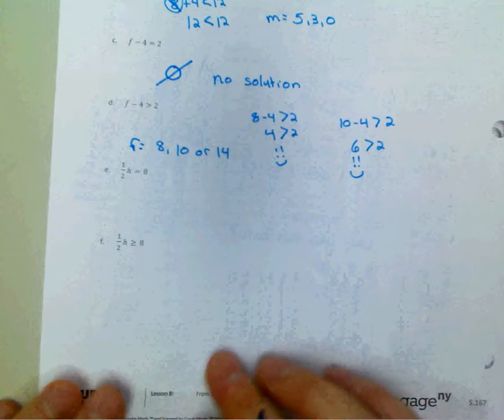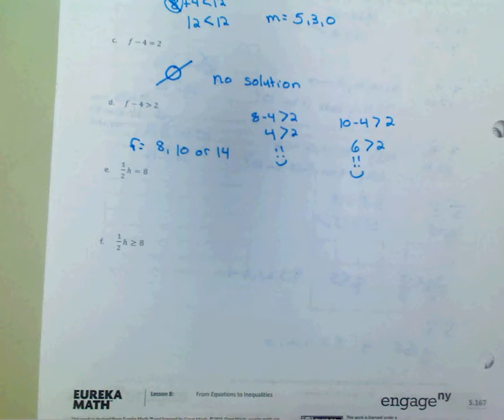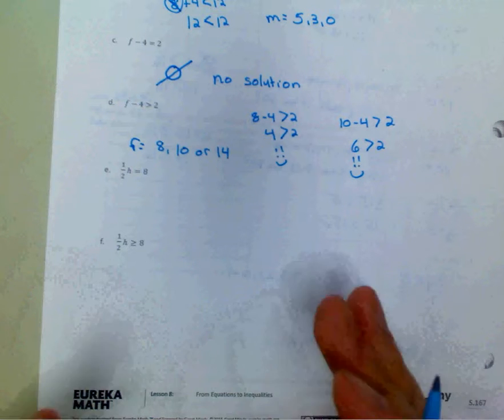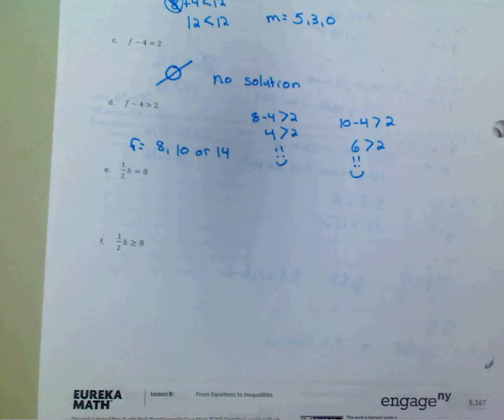Now, multiplication with a fraction. 1/2 of 8 is equal to 8. So what we have to do is think, what number is that half of it is 8? What number divided by 2 is 8?